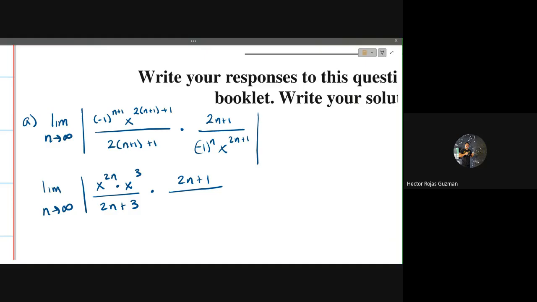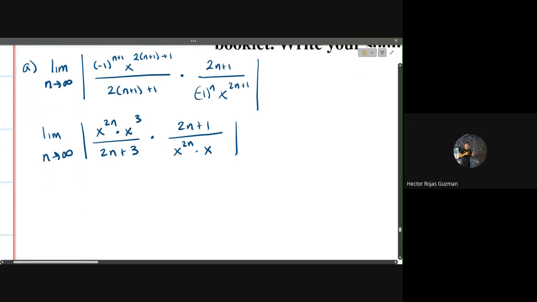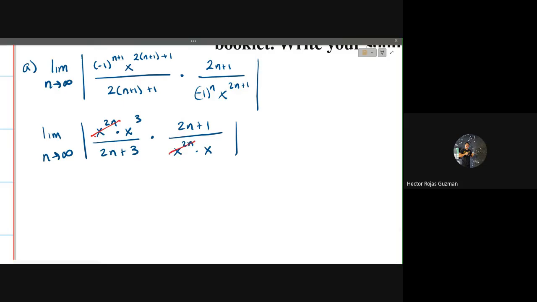The denominator of the last fraction, I'm also going to just split it: x to the 2n times x to the 1. Okay, let's cancel out whatever we can. So we can cancel out the x to the power of 2n's. We can cancel out one of the x's with the denominator.